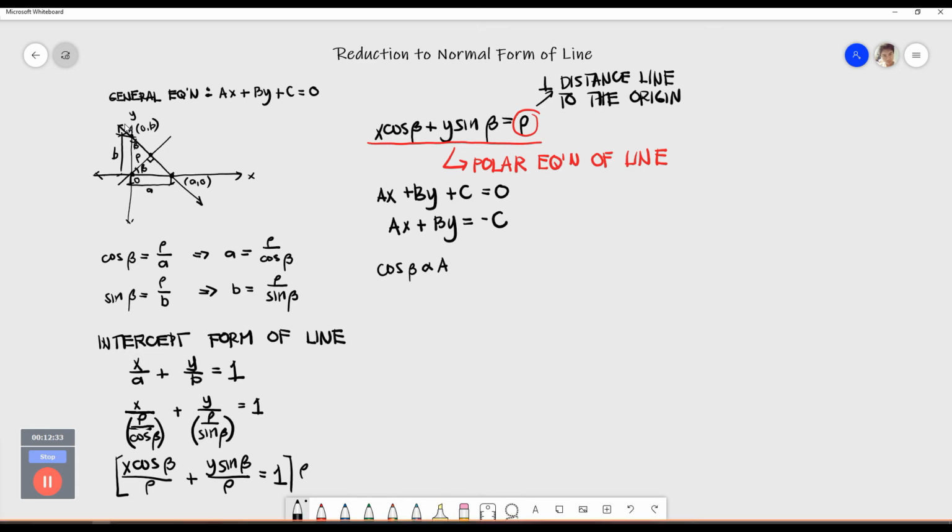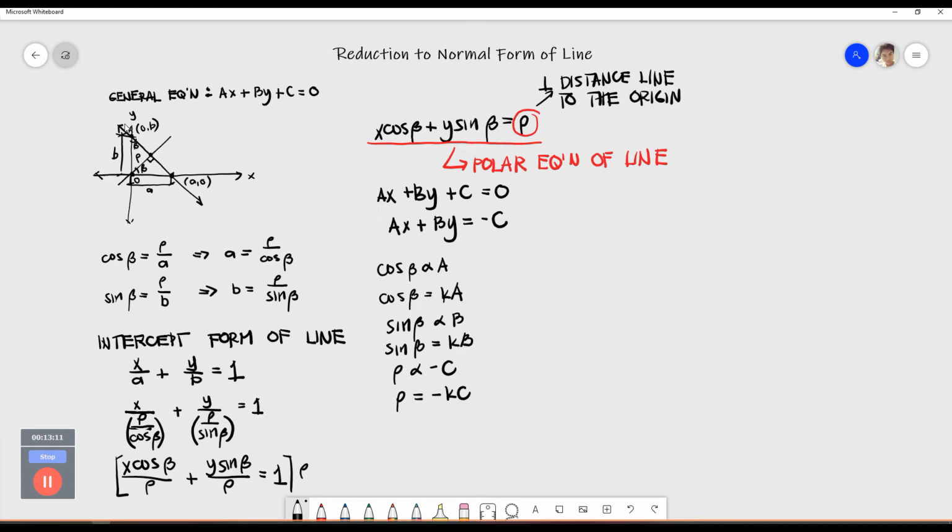Therefore cosine beta is equal to ka, sine beta is equal to kb, and rho is equal to negative kc.